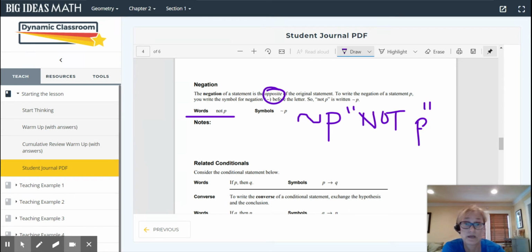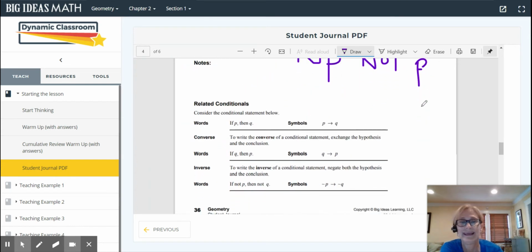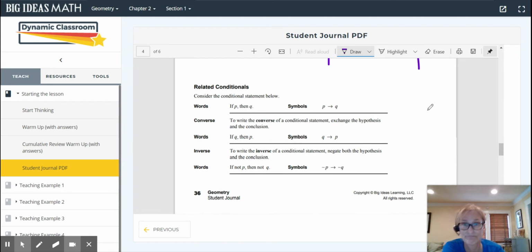Okay, so again, definitions. Now, related conditionals. So related conditionals are these right here. One's called the converse, and one is called the inverse. And basically what you're doing is you're switching your P and your Q. So in words, if you start with if P, then Q. So if the door is unlocked, then I can open it.